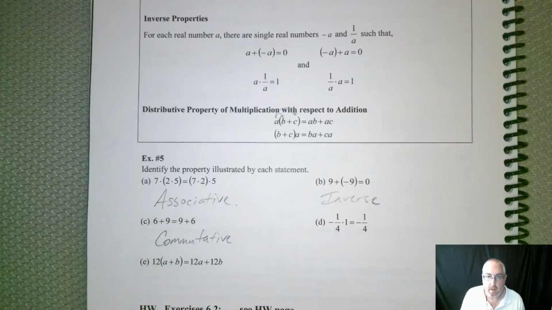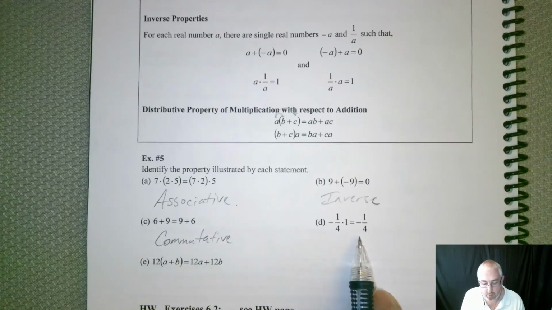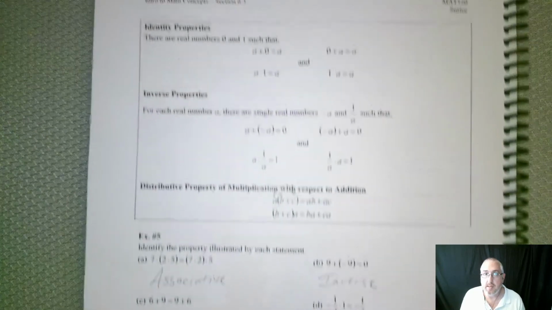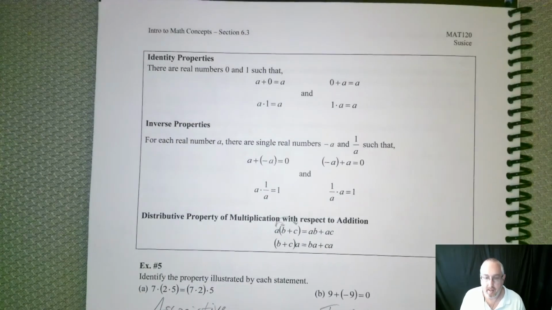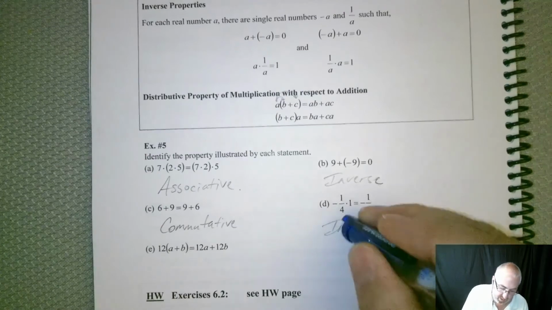All right, what about this one? Negative 1/4 times 1 equals negative 1/4. It's using the 1, so that's identity. So this is identity.